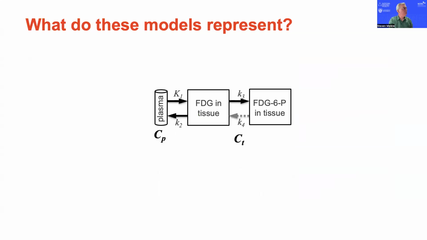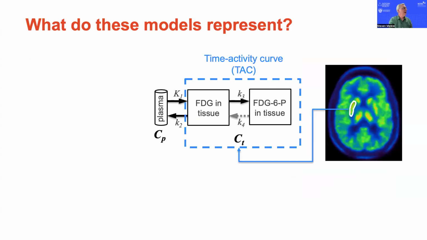So what do these models represent? Here, let's just take the two tissue compartment model for FDG. Actually, what we measure with PET, if we drew a region of interest on some part of the PET image, you'd get a change in concentration over time of the tracer in that region of interest. What you'd actually be measuring, or what we're trying to model, is what's happening in this combined tissue space. So this dashed blue box represents the signal coming from the PET, from the tissue in our PET image in that region of interest.